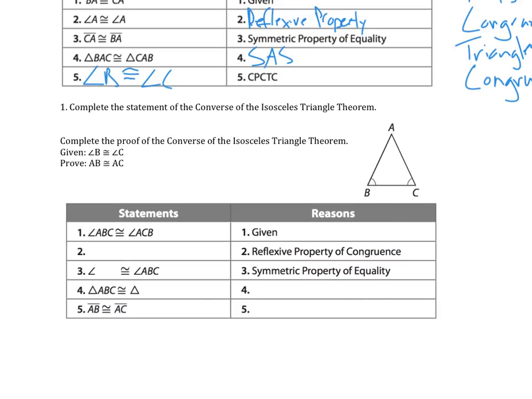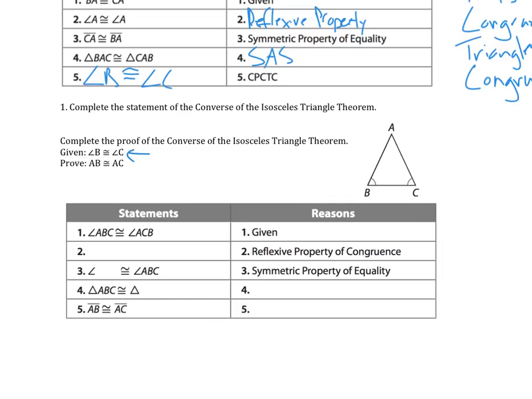So now we are given that two angles are congruent, and we want to prove that the two sides are congruent there. So we start with angle ABC is congruent to ACB. That's given. All we did is we were just more specific with it.